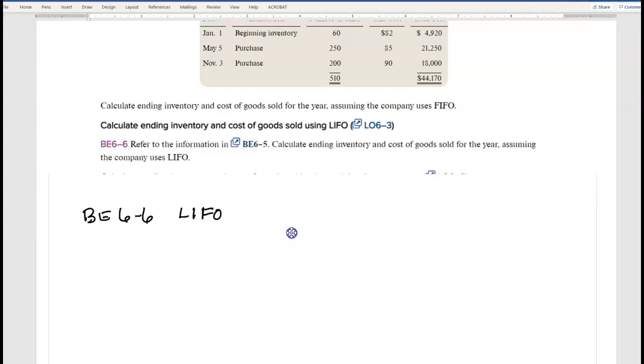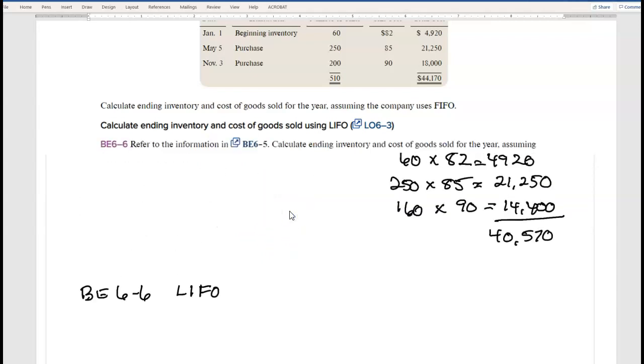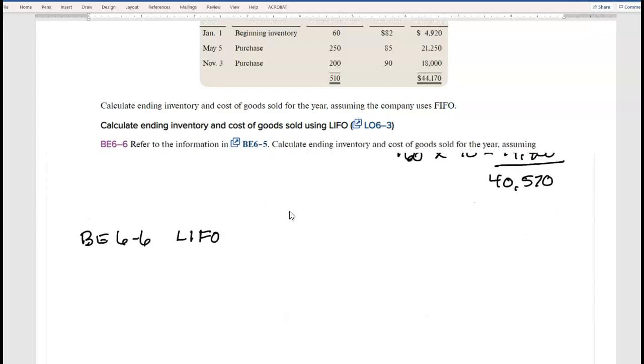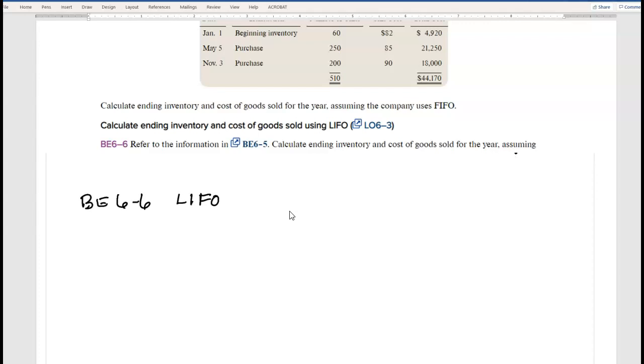Well, that doesn't change. What did we have up here? We have 40 units left. So units left are still 40. Okay. Ending inventory, 40 units.